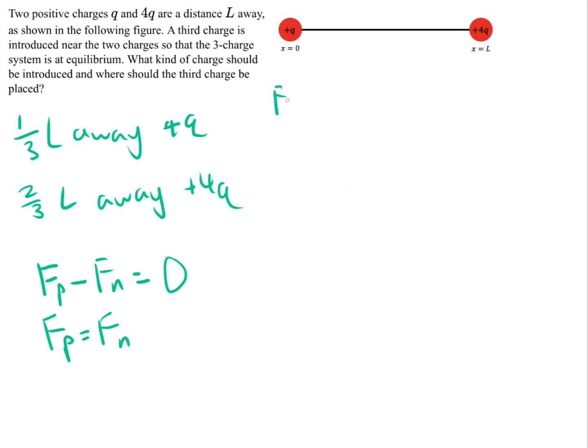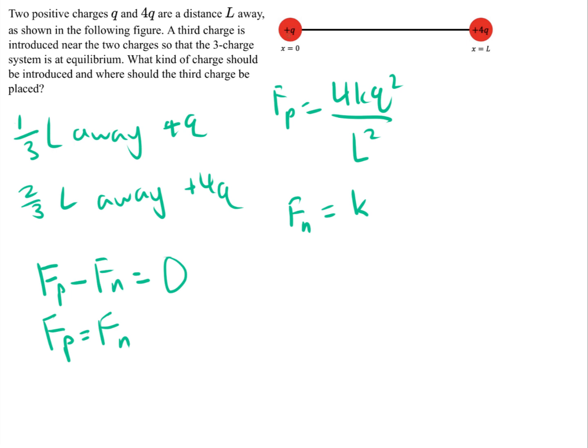The force of the positive charges is simply equal to the Coulomb constant times q times 4q, which I'm going to write as 4k q squared, since you have q times 4q, divided by the distance L, squared. For the force of the negative charge, do the same thing. The Coulomb's constant, and for q you can use either one.